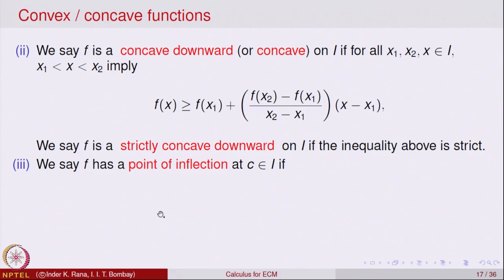As we saw in the previous example, there was a point on the graph where the nature of the function changes from concave to convex and the other way around.